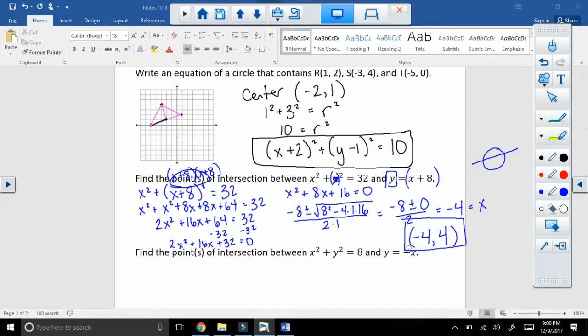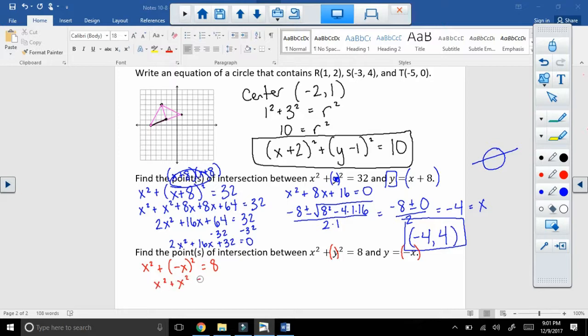So this last example, again, I would use substitution. This one ends up working out a little easier because we're not going to end up having to use the quadratic formula. So when you plug negative x in for y, I get x squared plus negative x squared equals 8. When I square that negative, it's going to end up being a positive.